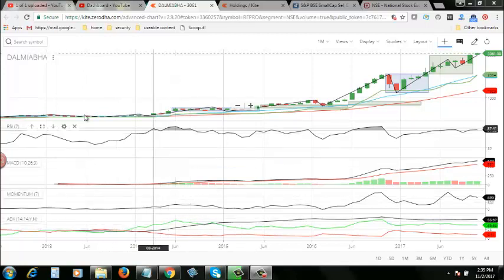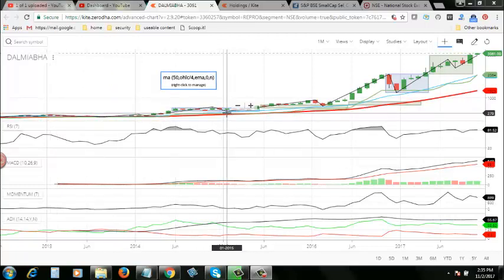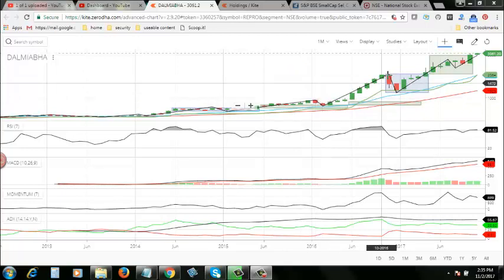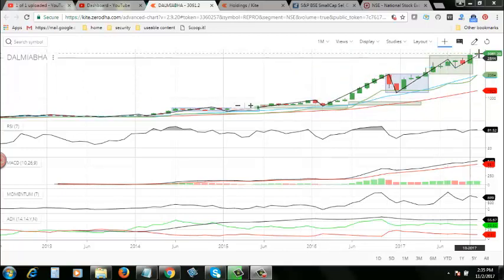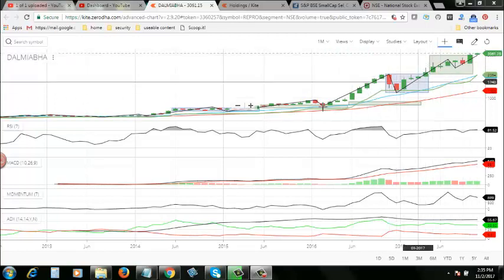Now if you look at the price trend history, we have data here since 2012 onwards, and you can clearly see that this particular stock started moving up since January 2015, and it started making new highs, high 1, high 2, high 3, and again it is rising, and between two highs there is some sort of consolidation.